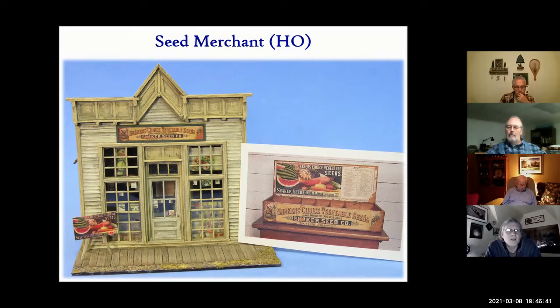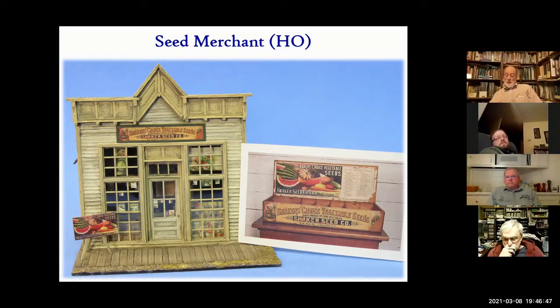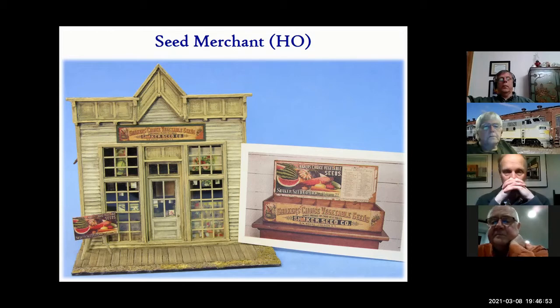Except for the tripod here and the frame, all the other details that you see here are just pieces of paper, colored paper to simulate the packets and the flyers and some of the display posters.